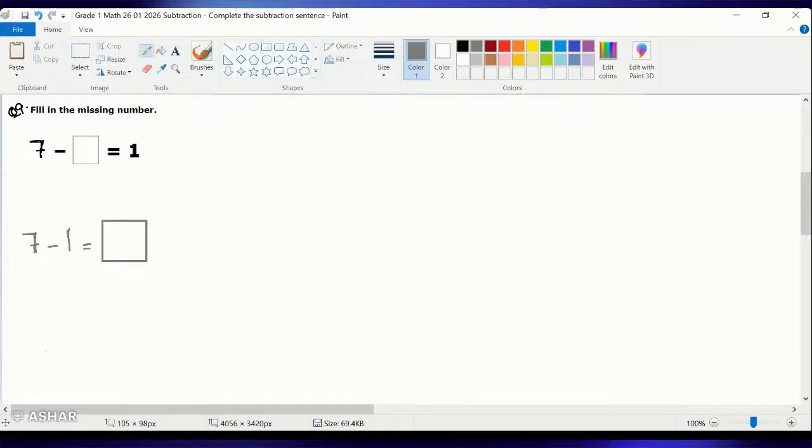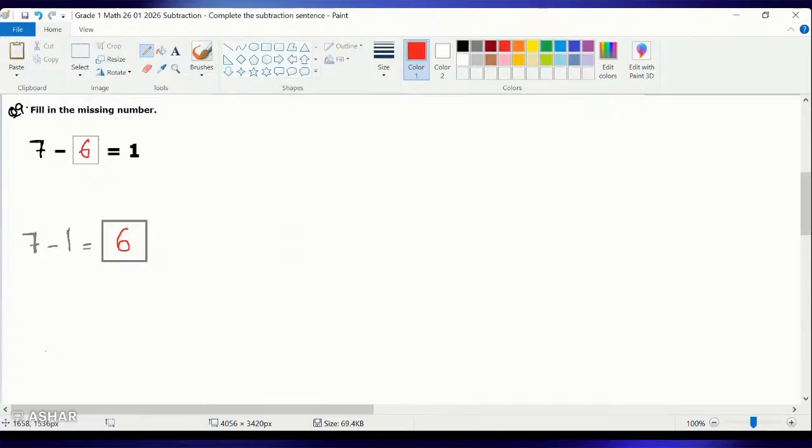So if we open up 7 fingers and we close 1, how many are left? 1, 2, 3, 4, 5, and 6. Thank you, Ediboy. So if 7 minus 1 was 6, then 7 minus 6 should be equal to 1, right? Because they both are equal statements.